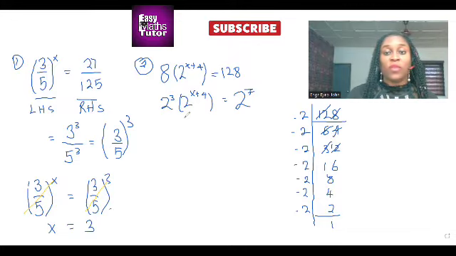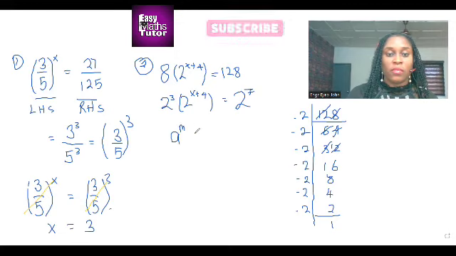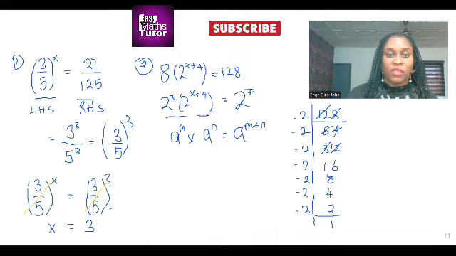Now, remembering the first law of indices, which looks something like this: a^m times a^n equals a^(m+n). Applying this law of indices to this left-hand side, we are going to have 2 raised to the power 3 + x + 4. Remember, this bracket stands for multiplication, all right? So these two powers will be added, giving us 2 raised to the power 7.